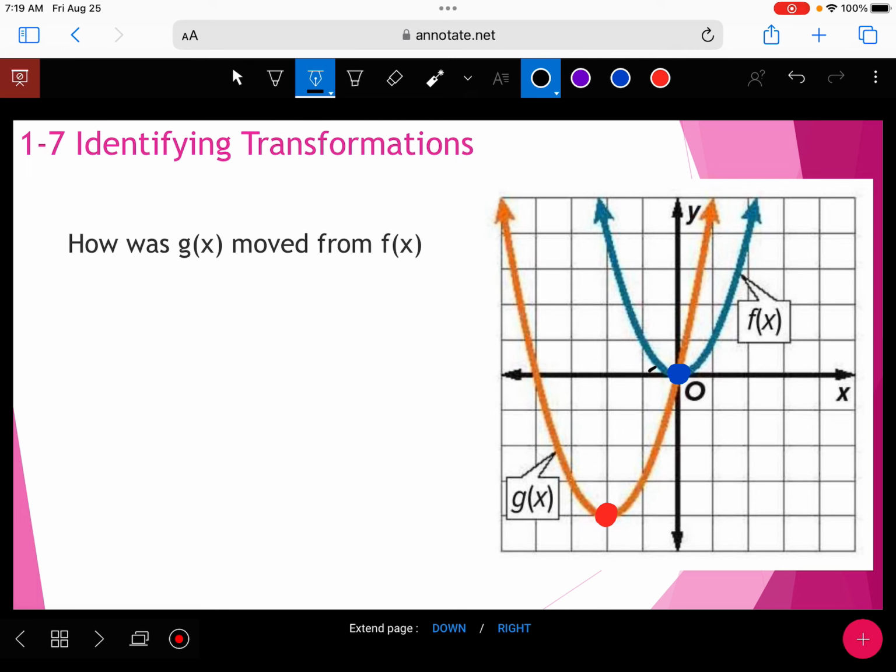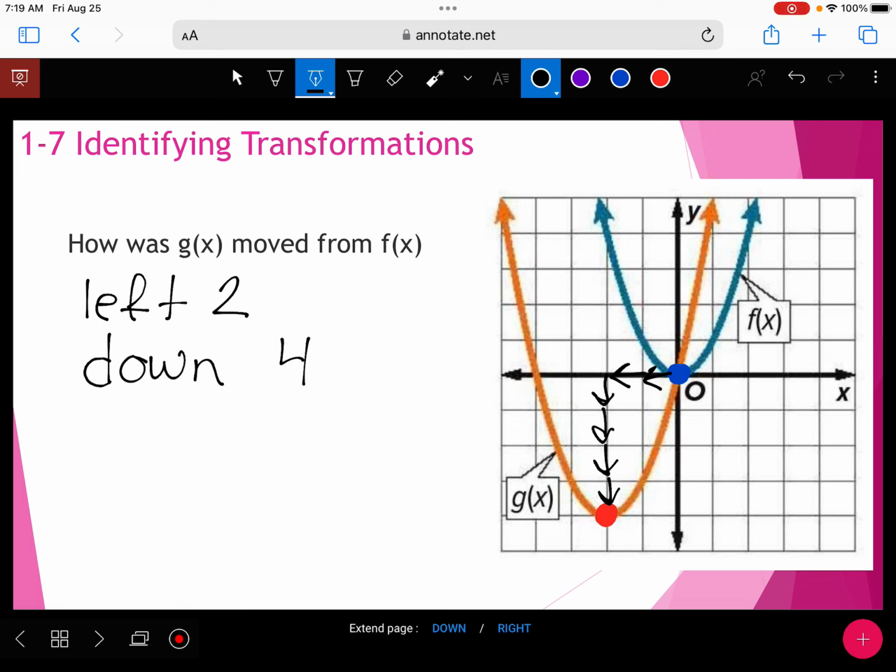So this has gone left, 1, 2. So it went left 2, and it went down, 1, 2, 3, 4. Down 4.